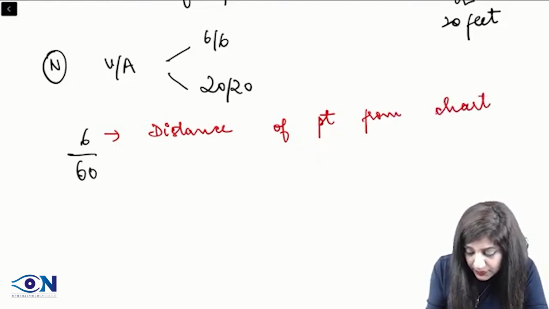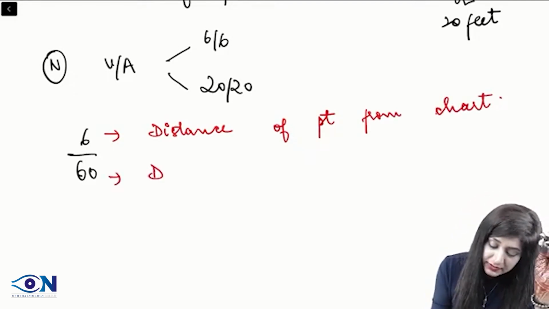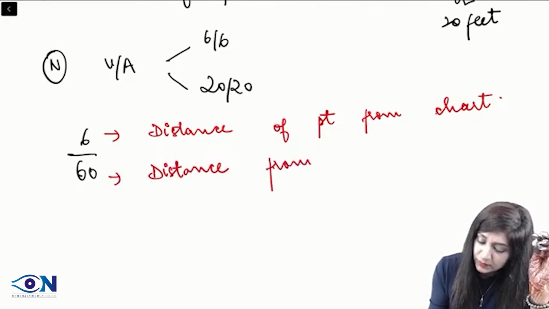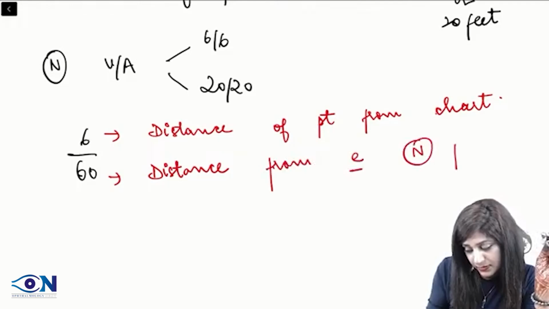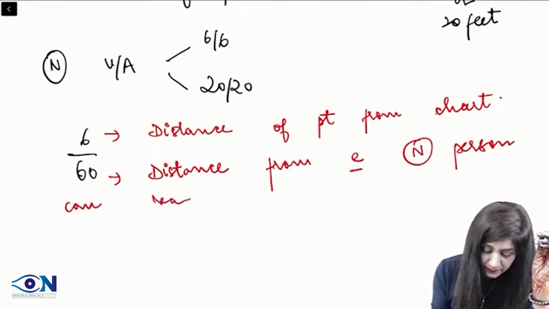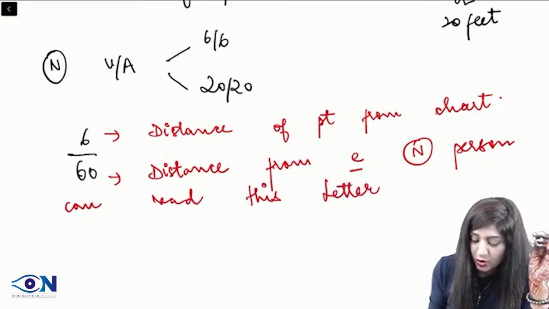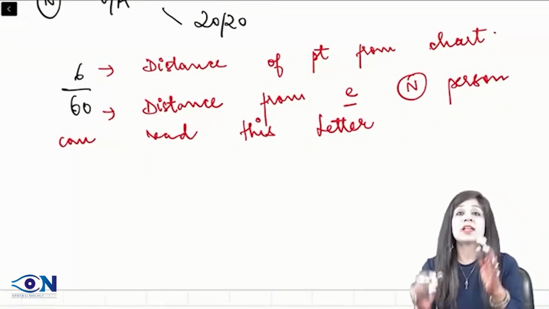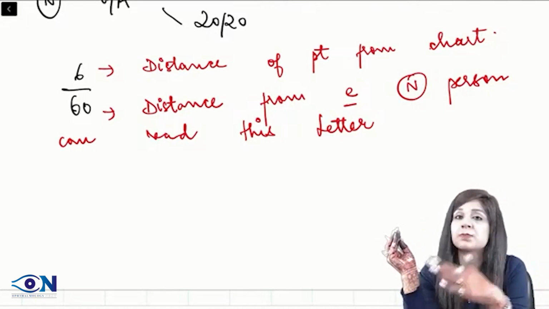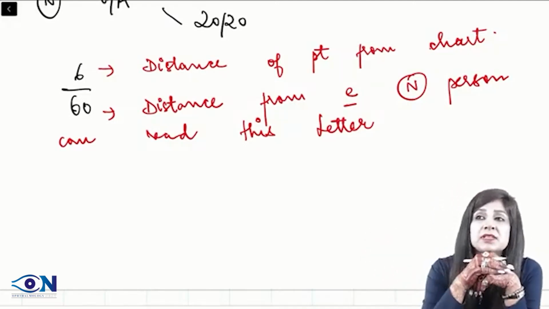The distance of the patient from the chart is 6 meters, and 60 means the distance from which a normal person can read this letter. So that means what a normal person can read from 60 meters, this person is reading from 6 meters. That is the concept of the visual acuity.